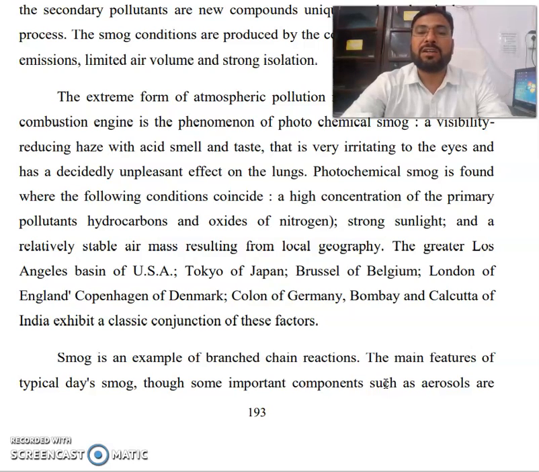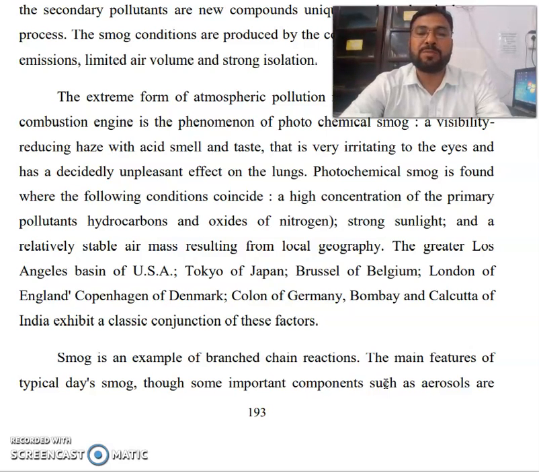The greater Los Angeles basin of the USA, Tokyo in Japan, Brussels in Belgium, London in England, Copenhagen in Denmark, Cologne in Germany, and Bombay and Kolkata in India exhibit a classical conjunction of these factors. Smog is an example of branch chain reactions.